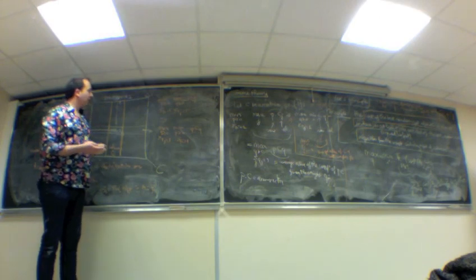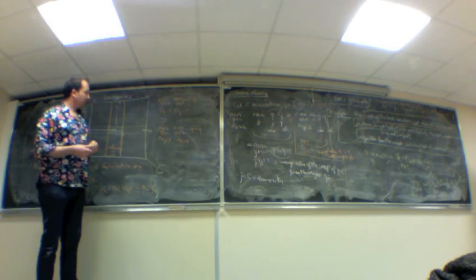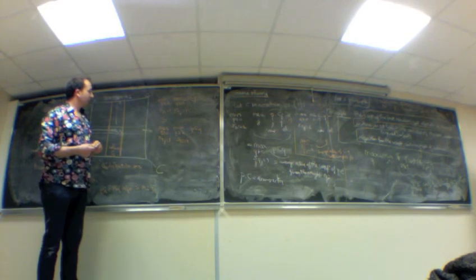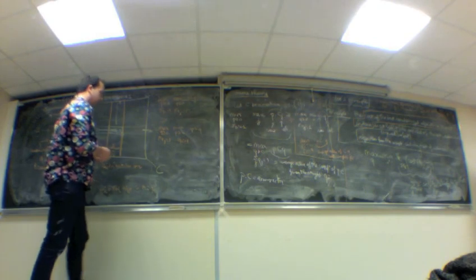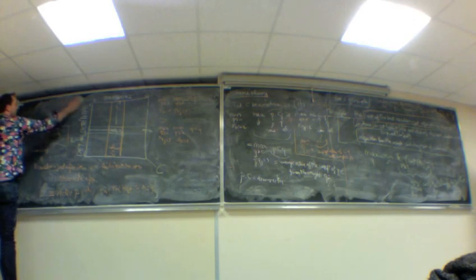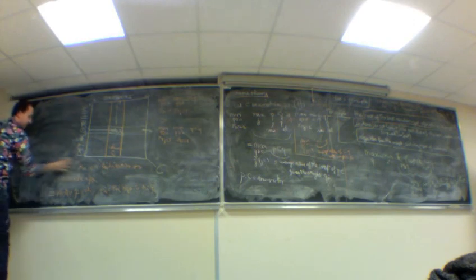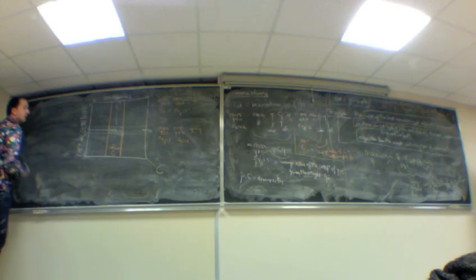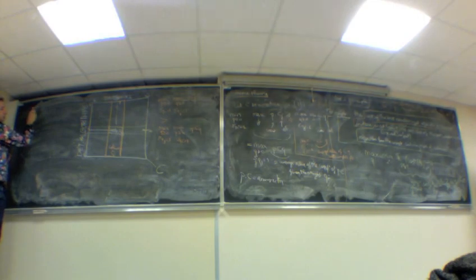Okay, so why is it true now? Well, that's where I will be lost. That's for sure. So why is it true? It's simply because, so what I will do is simply the following.